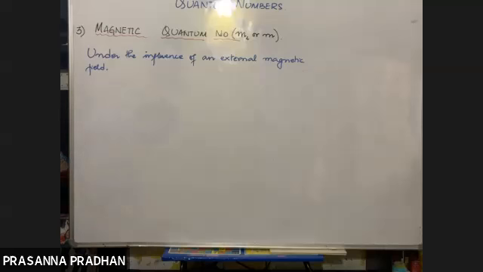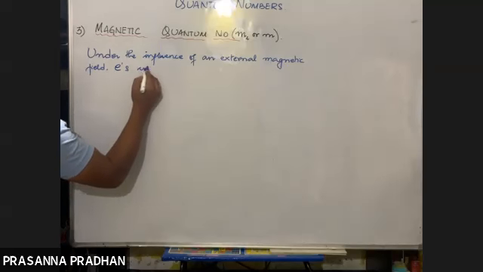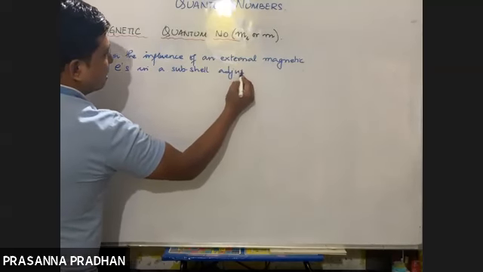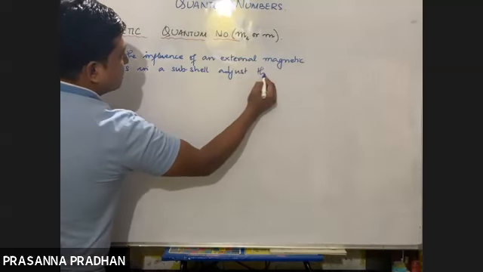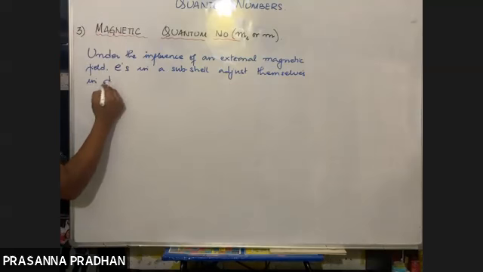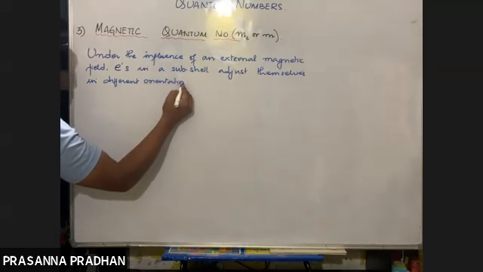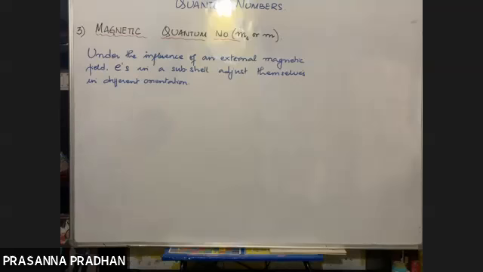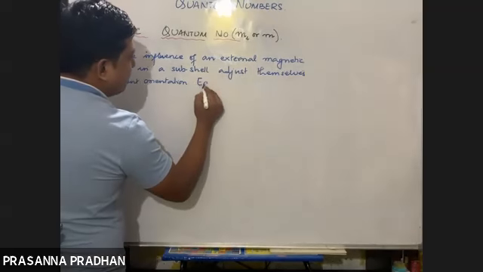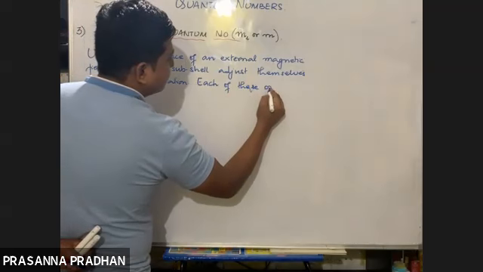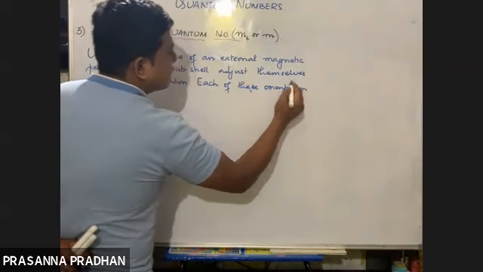Under the influence of an external magnetic field, electrons in a subshell adjust themselves in different orientations.